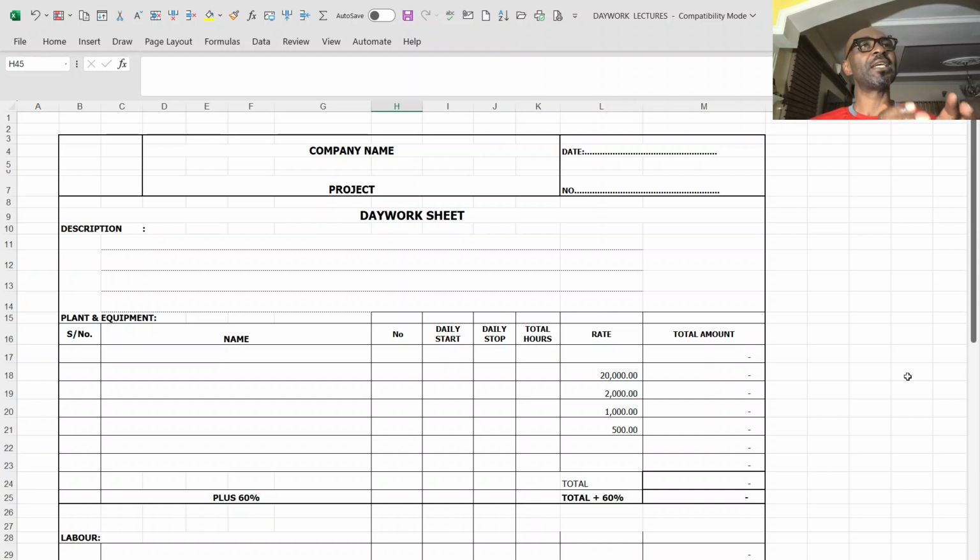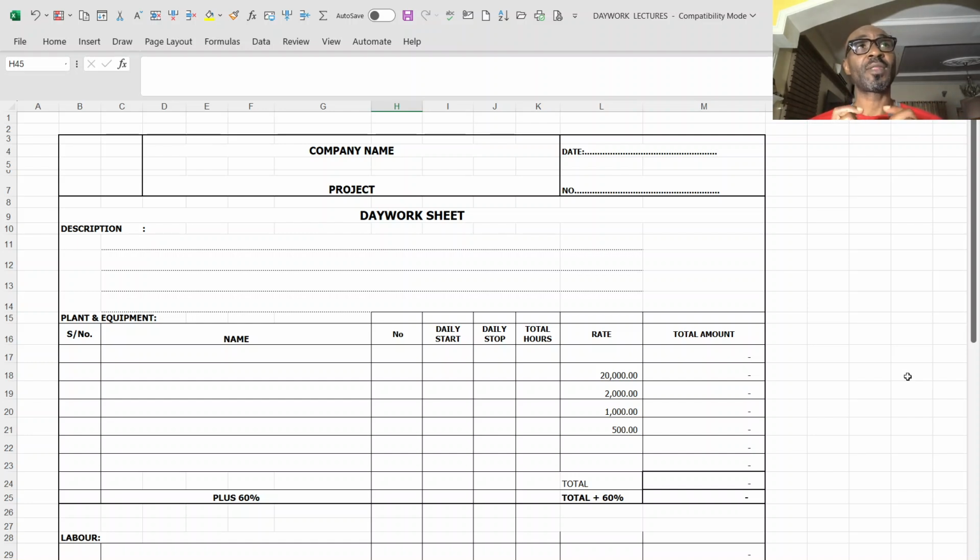So in this case, the client and the contractor will now accept that they should keep record of all the resources deployed in terms of material, equipment, and labor, and a certain markup will be agreed to cover the contractor's profit and overheads.